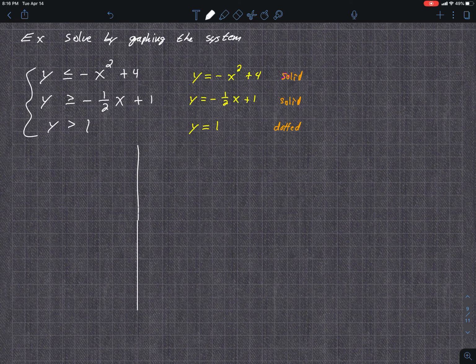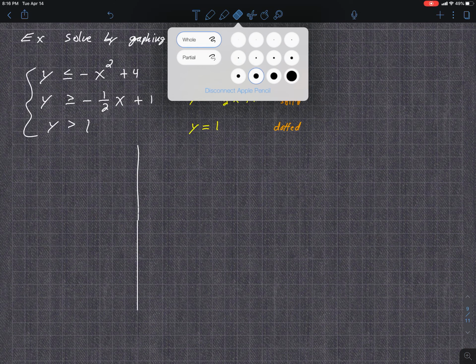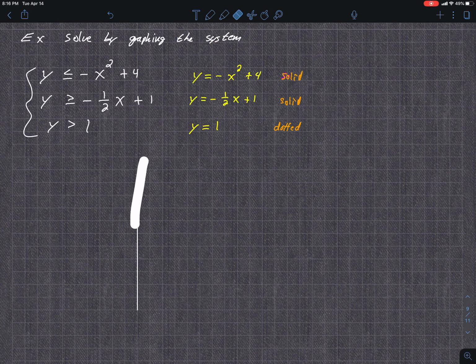Okay, so we graph our system. That didn't turn out too well. Let's try that again. Okay. So there's your y-axis, and then we put in our x-axis as usual.